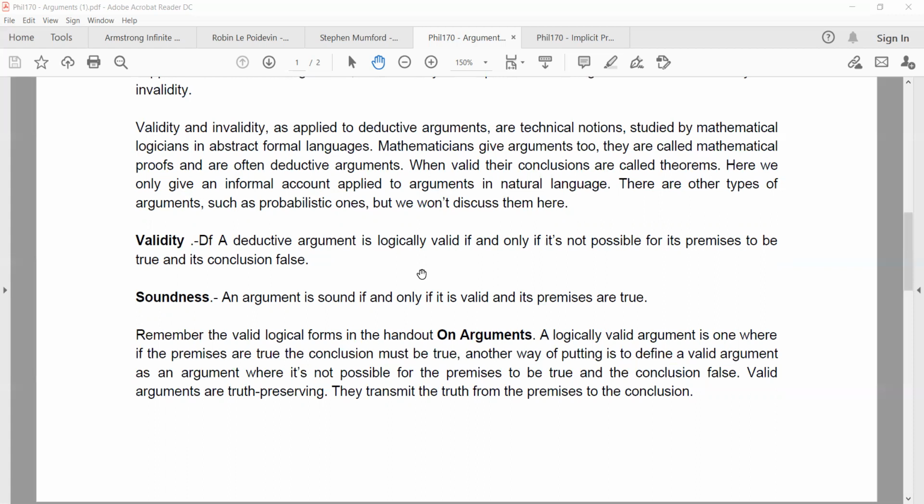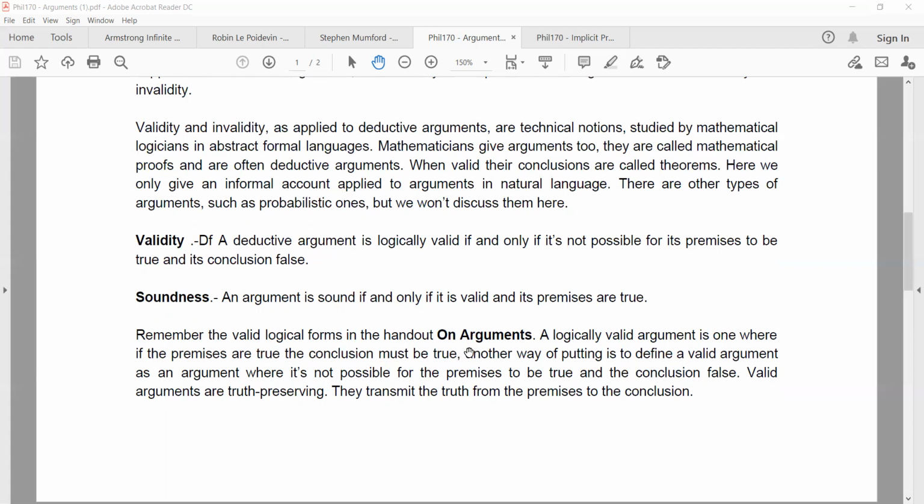given the structure and the form of the argument, if the premises actually happen to be true for a valid argument, then it's not going to be possible for the conclusion of that argument to be false, right? So how are we going to determine that an argument is valid? Well, valid arguments actually have valid forms. That's what they are called, valid logical forms.